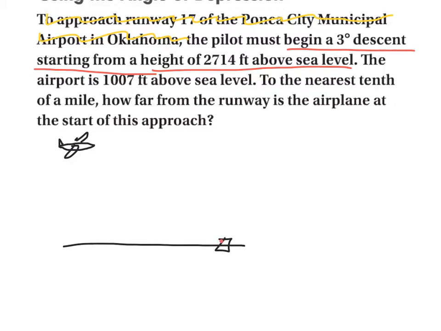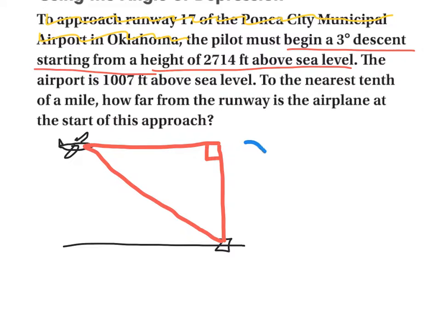So our triangle is going to look something like this. Okay? There's our triangle, but we have this extra information. We know that this distance is 2,714.